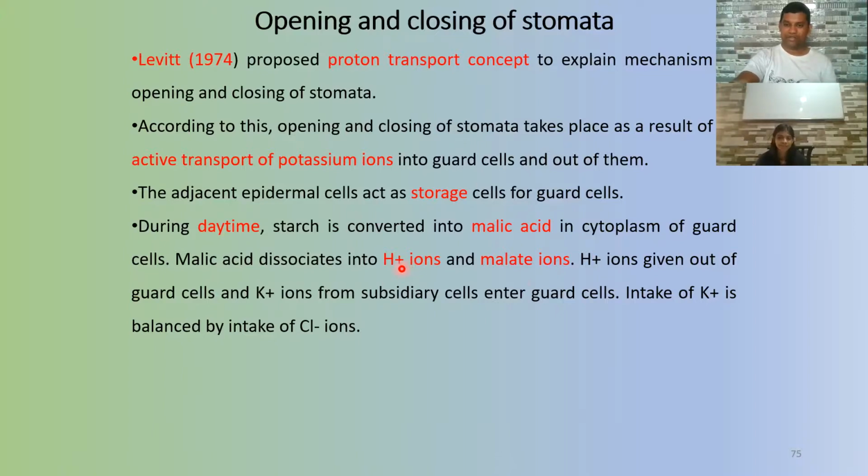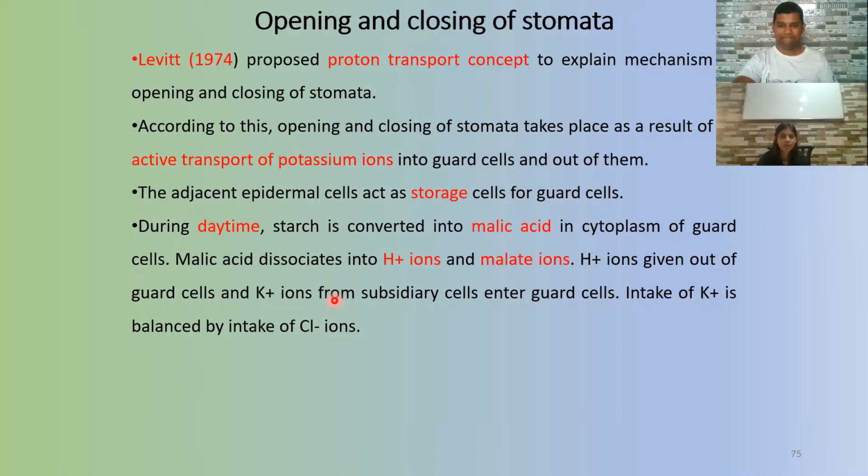अब जो H plus के ions बने, they will move out of the guard cells. तो जैसे ही H plus जो है वो guard cell से बाहर निकल गया, तो guard cells का ionic balance disturb हो गया. तो उसको वापस इक्विलिब्रियम में लाने के लिए from the surrounding epidermal cells there will be influx of K plus ions.